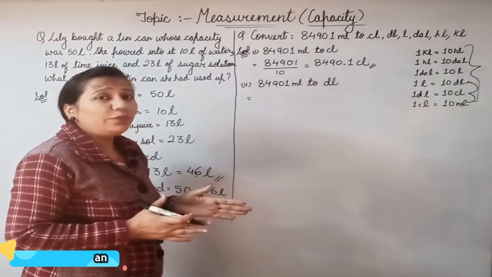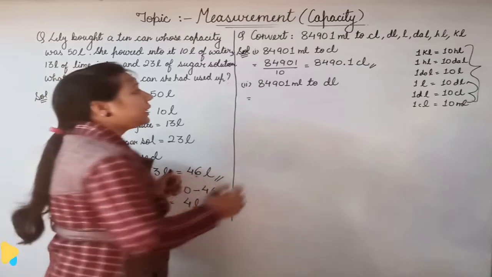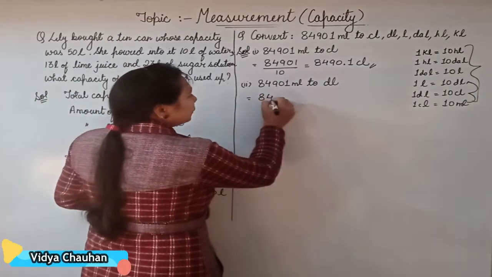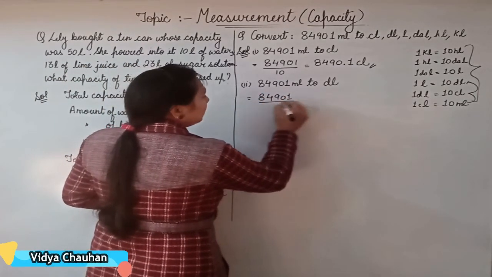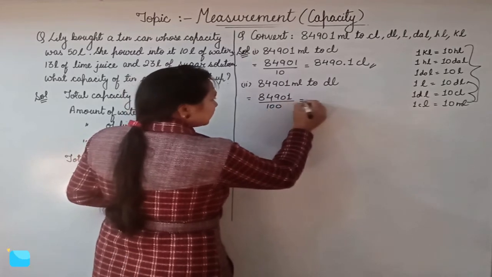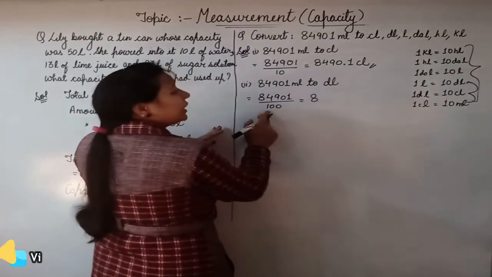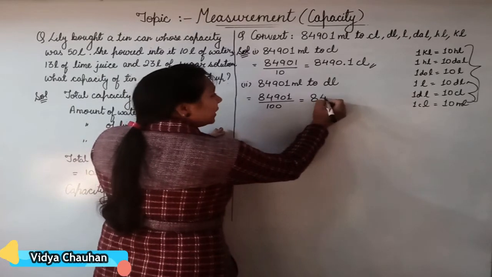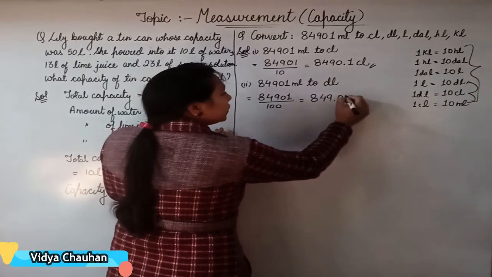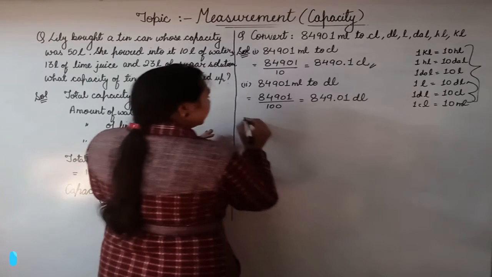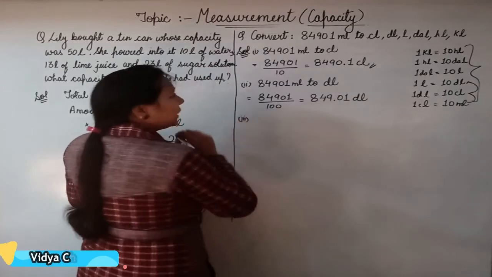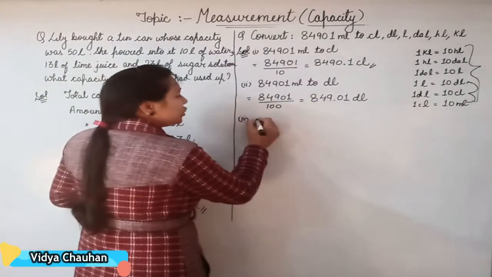So in short we can write divided by 100. So now 84901 divided by 100. What will you get? Decimal after 2 places. So it will be 849.01 deciliter. Clear, students?